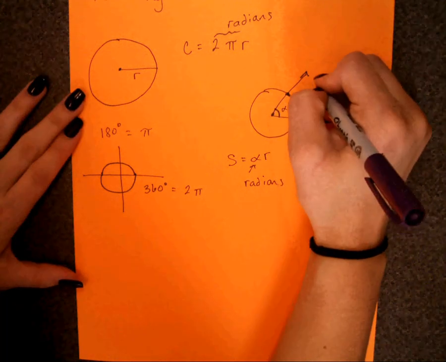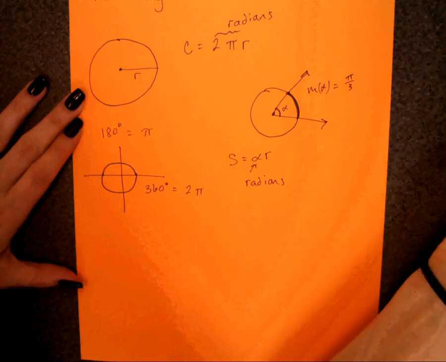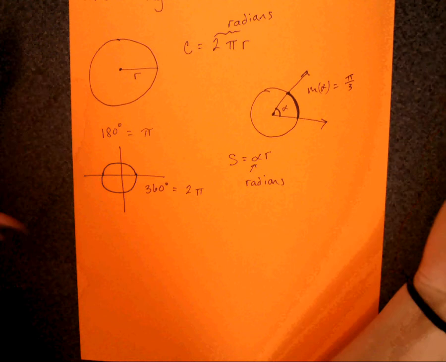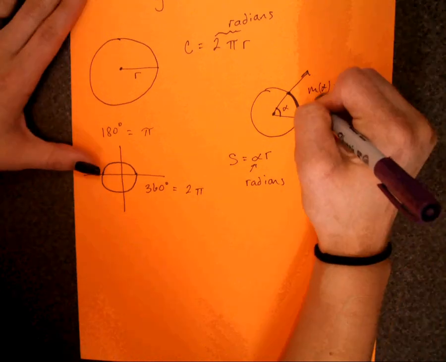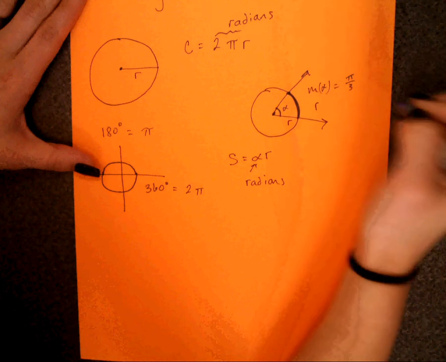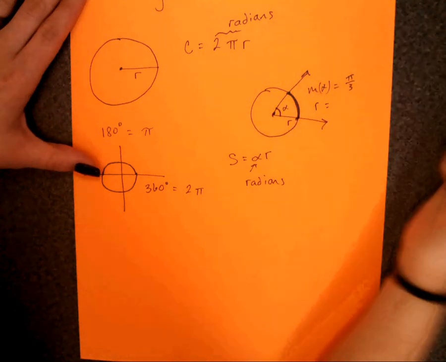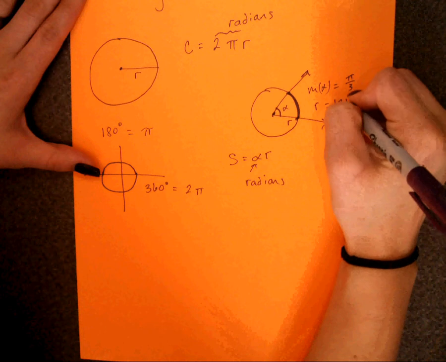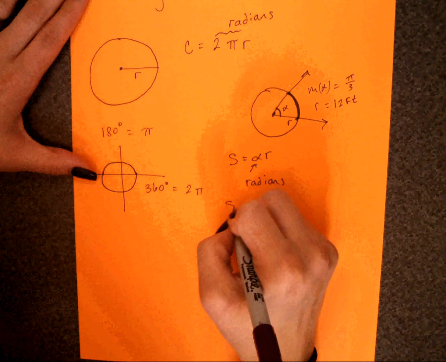But let's say in this case that the measure of alpha is equal to pi over 3. So that is in radians. How do I know? It doesn't have a degree sign. And r, let's say this is r, from here to here, is equal to 12 feet.